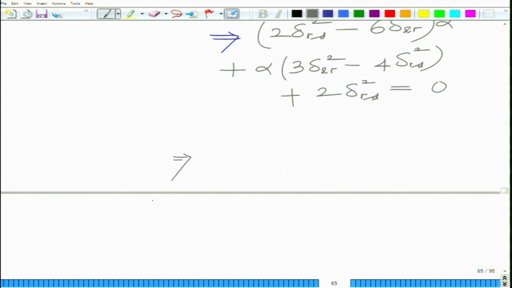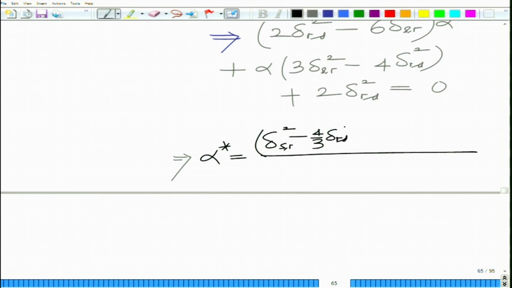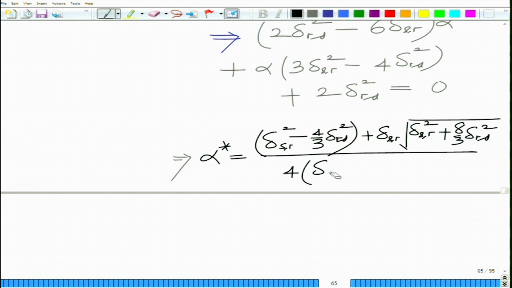It is a simple quadratic equation, and what you will get is alpha star equal to delta SR square minus 4 by 3 delta RD square plus delta SR into square root of delta SR square plus 8 by 3 delta RD square, over 4 delta SR square minus 1 by 3 delta RD square, and this is basically your optimal.